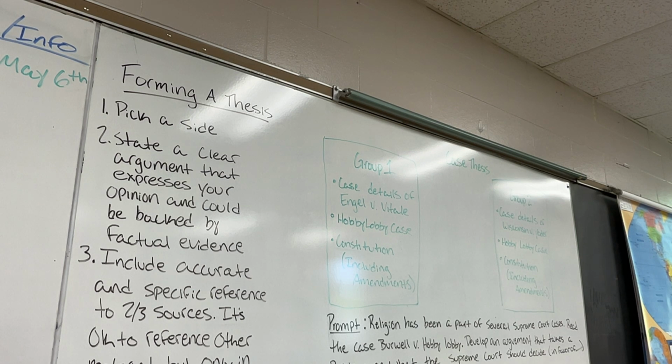Are we trying to link them together to show why they're similar and so should be shot down? Yeah. Could I say the students are the workers in this case, and they are allowed to have their own religion and not have it pushed upon them by the school or by Hobby Lobby? Yep, you can do it that way. That is a good thesis.